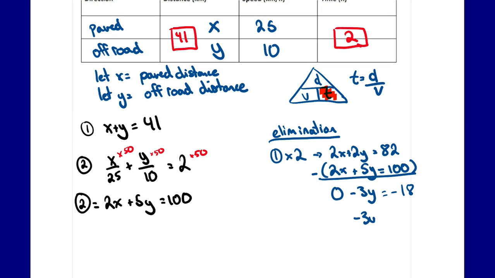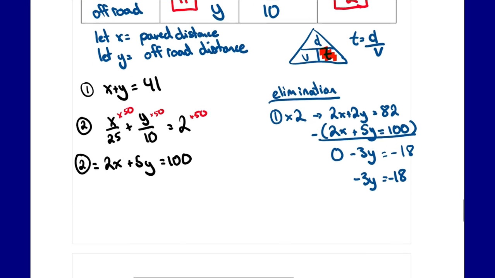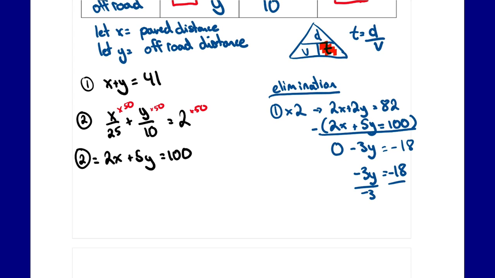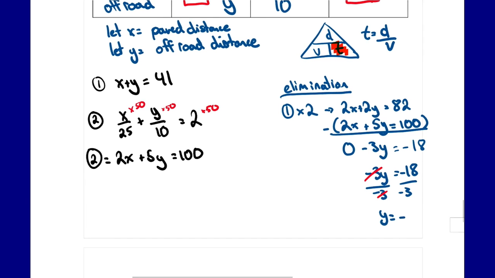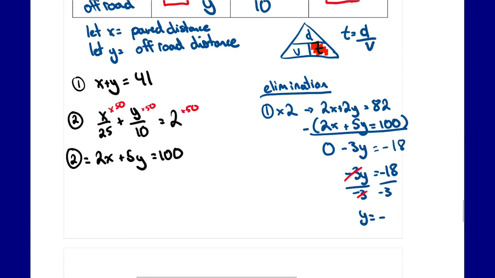Now I have negative 3y equals negative 18. I'm going to solve for y, divide both sides by negative 3. One side cancels out. I'm left with y equal to negative, or not negative, because the negatives would cancel out. We have positive 6.